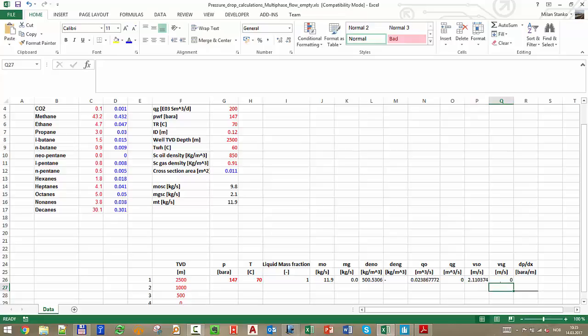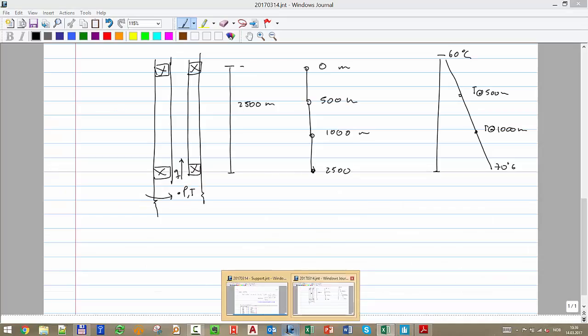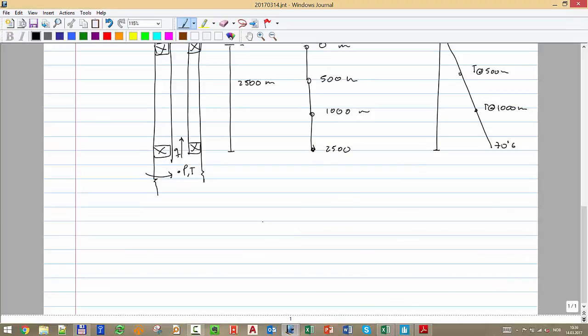Just liquid. At this point, you can just use your Bernoulli equation to calculate pressure drop, right? You don't need any multiphase expert. If you remember your course, maybe they gave it in kindergarten, if it's purely liquid you can say that the energy in 1 is equal to the energy in 2. The energy in 1 is P1 divided by rho g, plus the elevation of 1, plus v1 squared over 2g, and the same for 2.